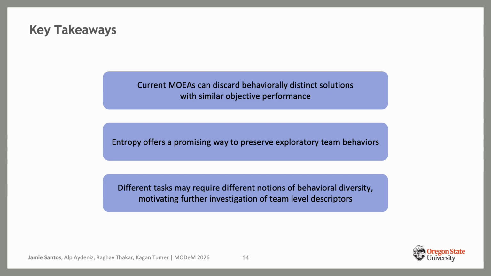However, behavioral utility differs for different tasks, which motivates further investigation of team-level descriptors. So, the broader takeaway isn't that entropy is universally the right descriptor. Rather, these results suggest that behavioral information can provide an additional dimension along which we can preserve solutions, but we need to understand which behavioral information is actually meaningful for a given task.